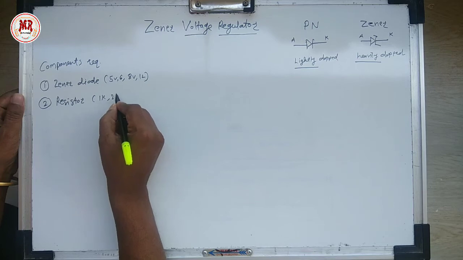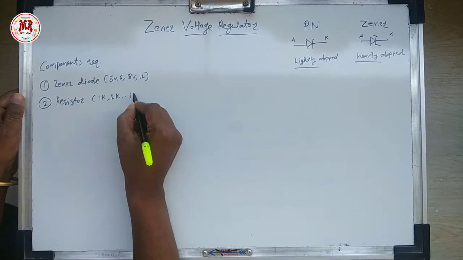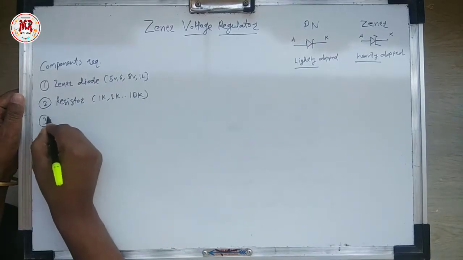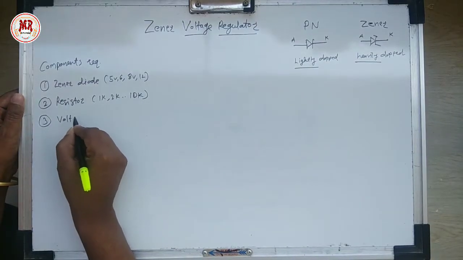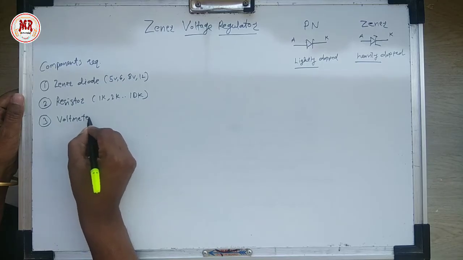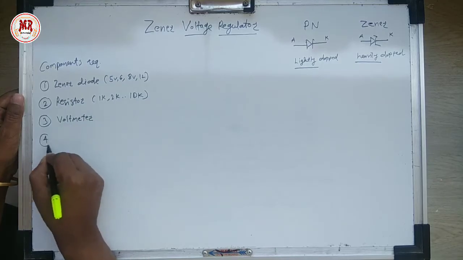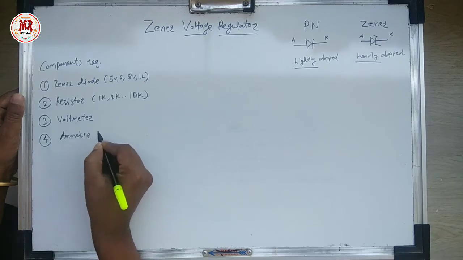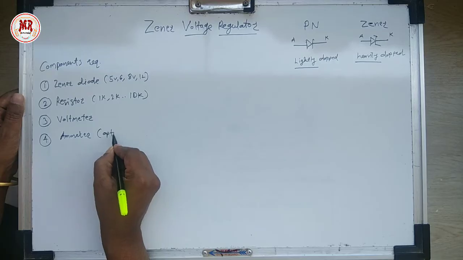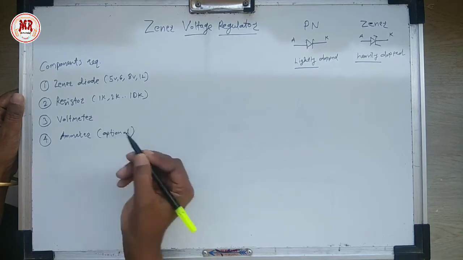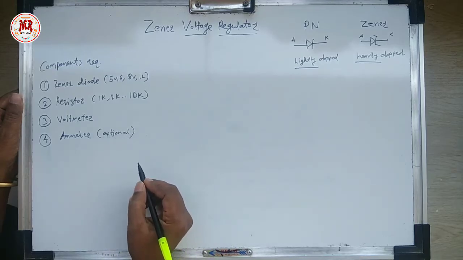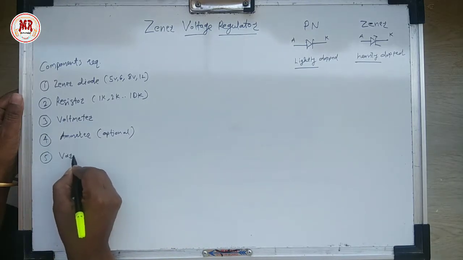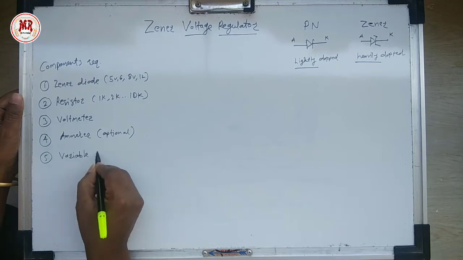The value of resistor varies 1K to 10K. Now third is voltmeter. Optionally you can use ammeter. Finally, variable DC power source.